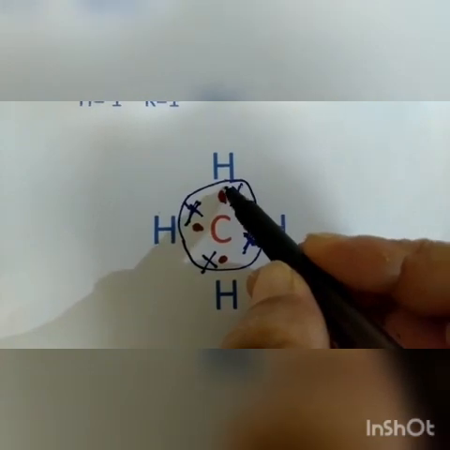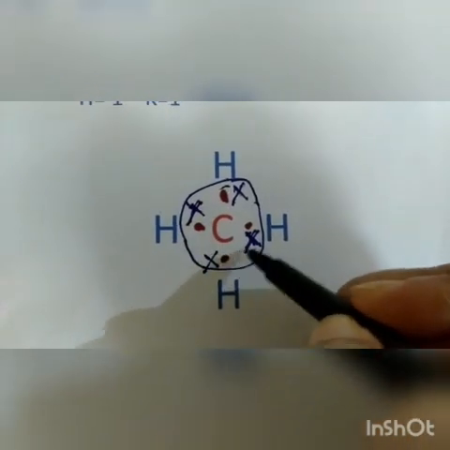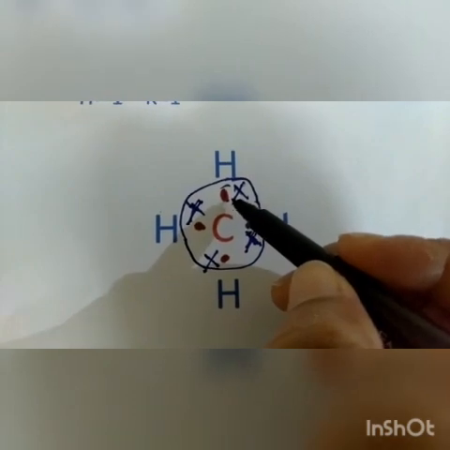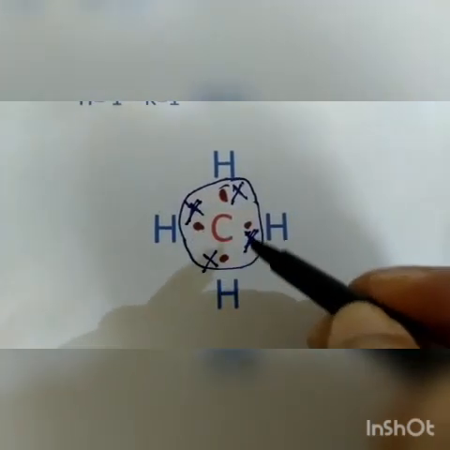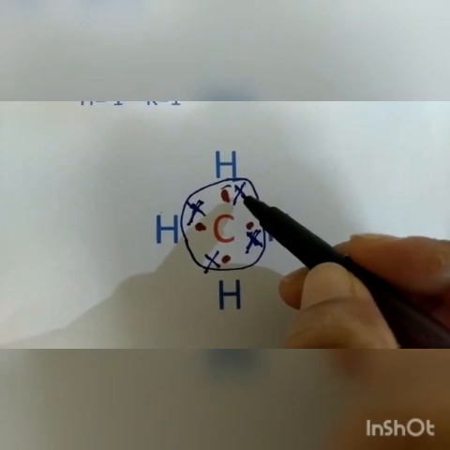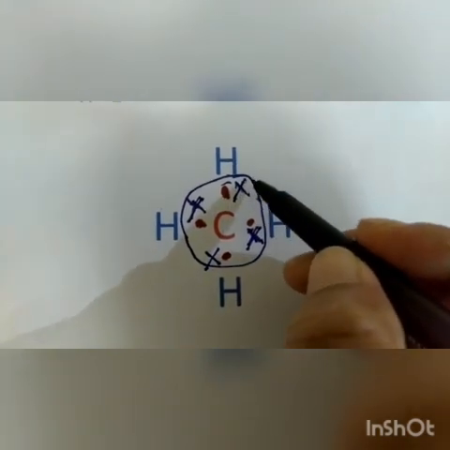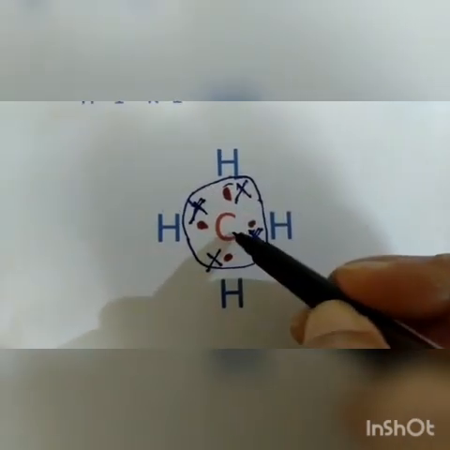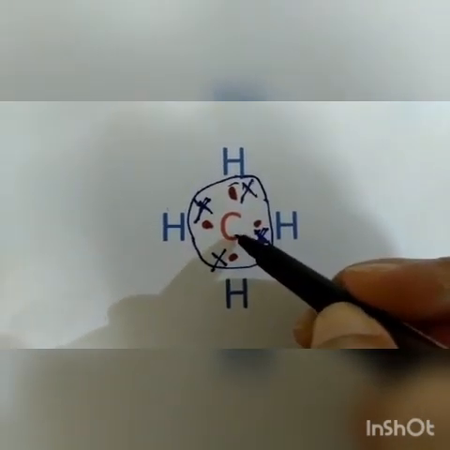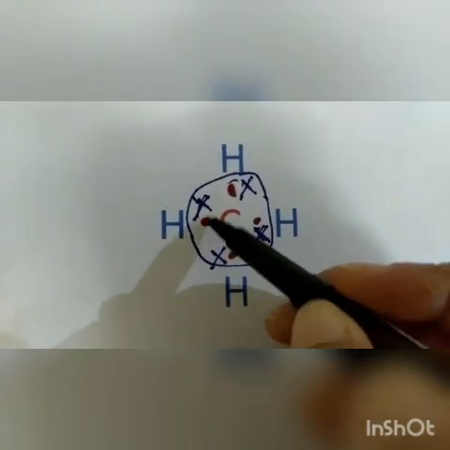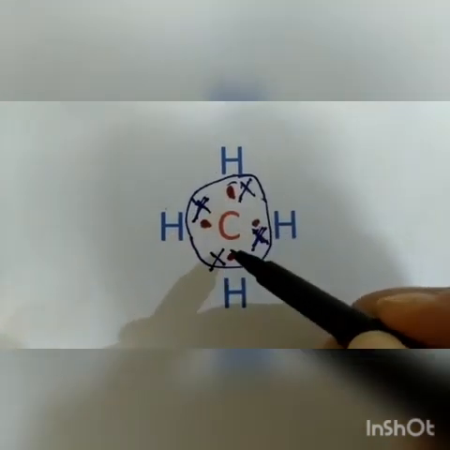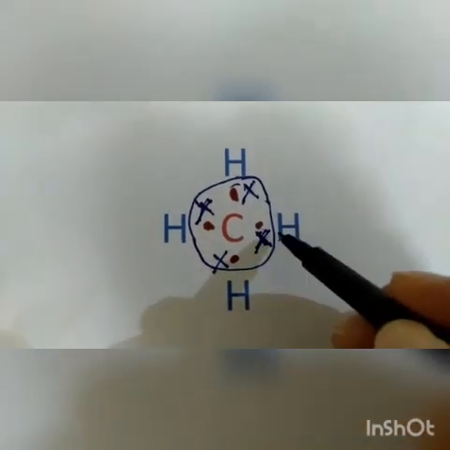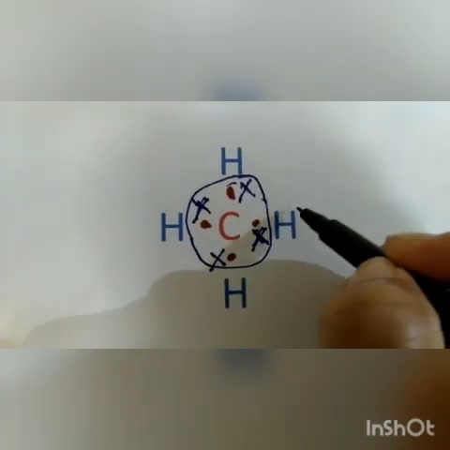The students have circled only the 4 electrons of carbon. Students, all the 4 hydrogen are sharing their electrons with this carbon, so you have to bring these electrons also into the vicinity of this carbon. Now you count 1, 2, 3, 4, 5, 6, 7, 8. Now this carbon will share all the 4 electrons with these 4 hydrogen.